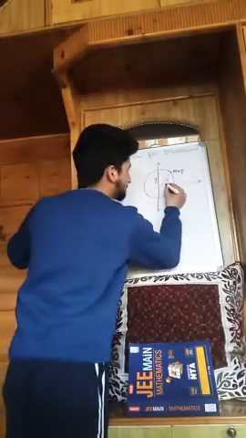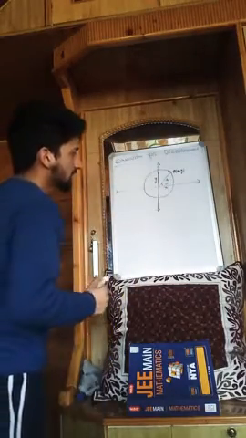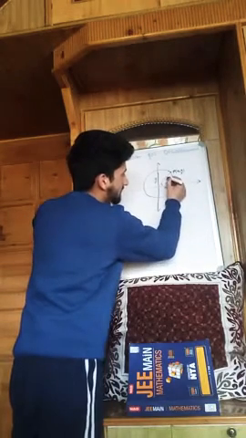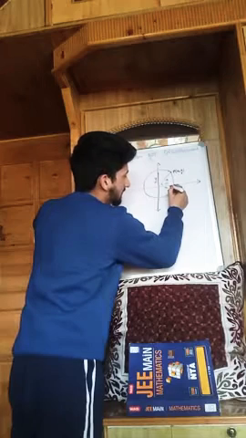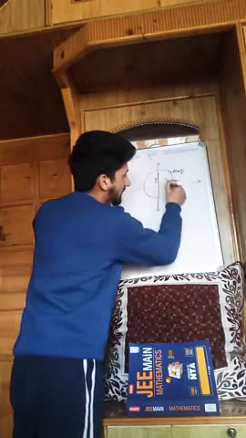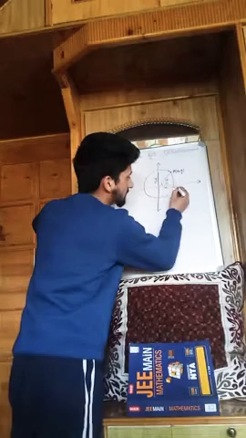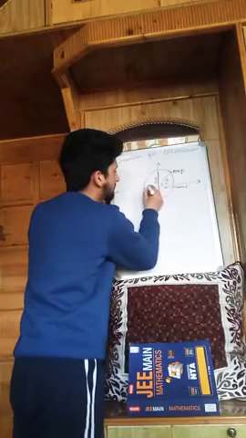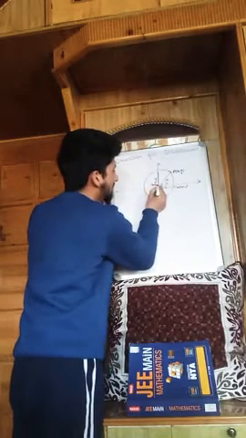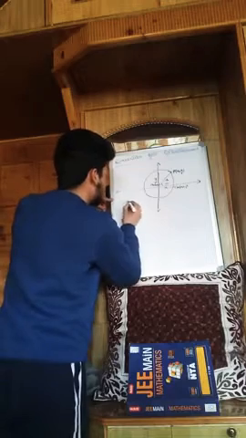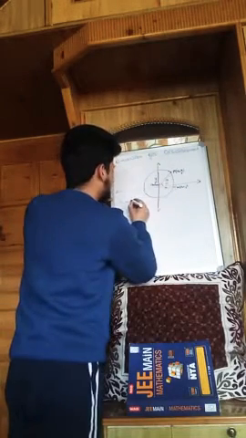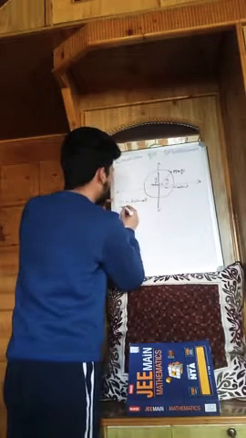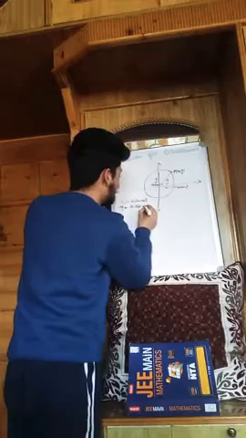Now, this a can be given by its x component, a cos of omega t, and its y component, a sine of omega t. So here you can see x is equal to a sine of omega t, and y is equal to a cos of omega t.